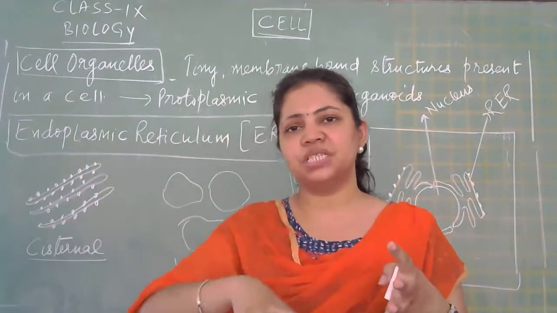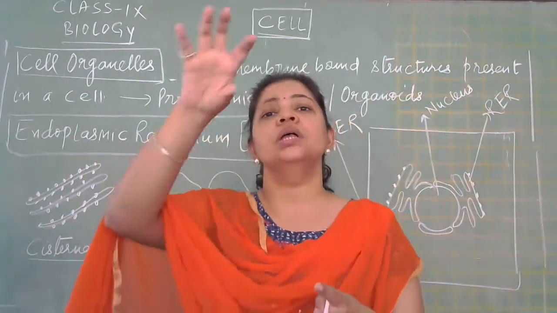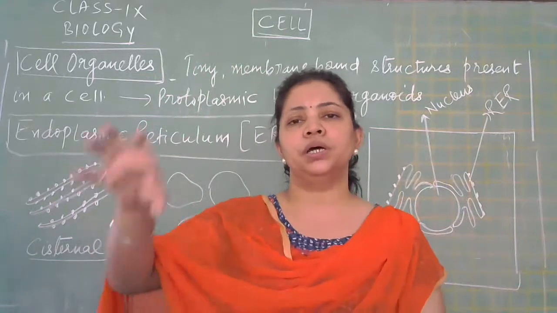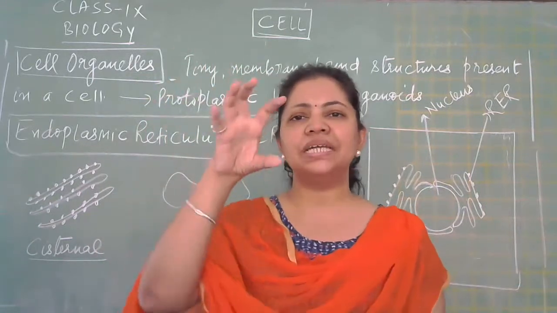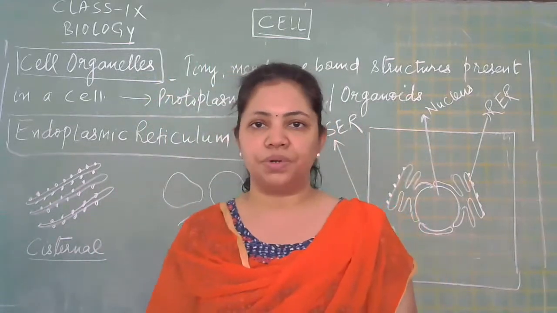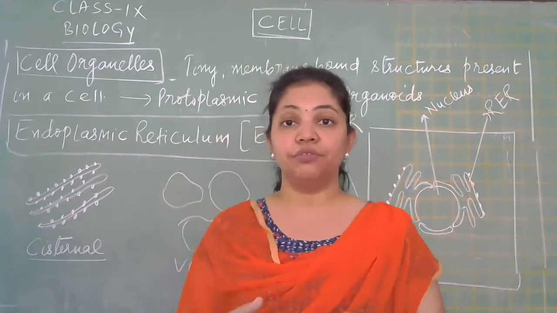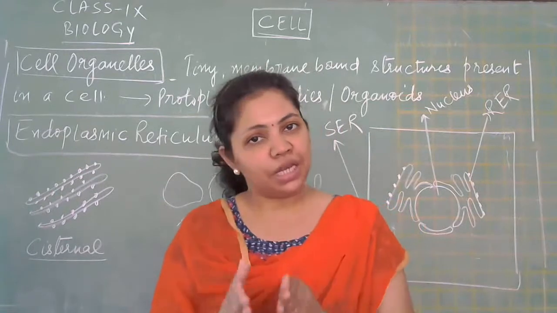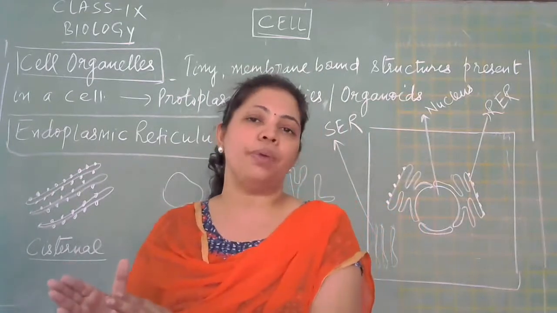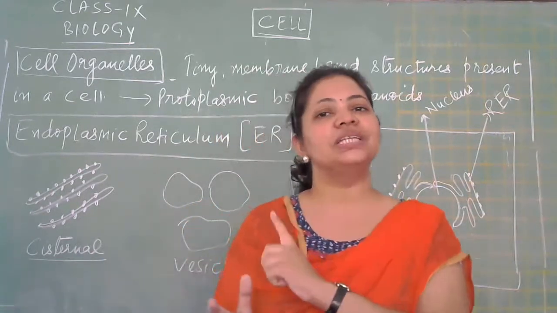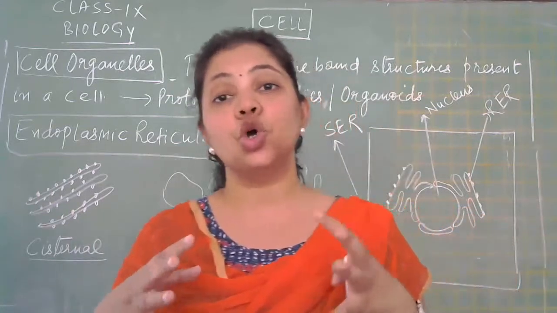That complete substance which has the plasma membrane, cytoplasm, nucleus and organelles, that complete collection is known as protoplasm, right? And the transparent jelly-like material which occurs between the nucleus and the plasma membrane is known as the cytoplasm.